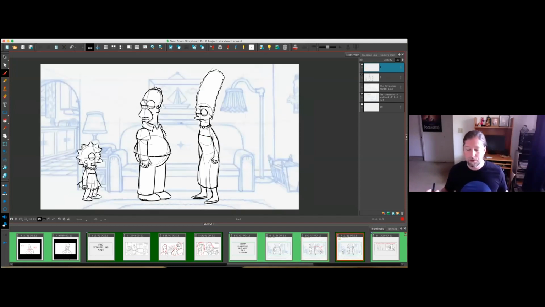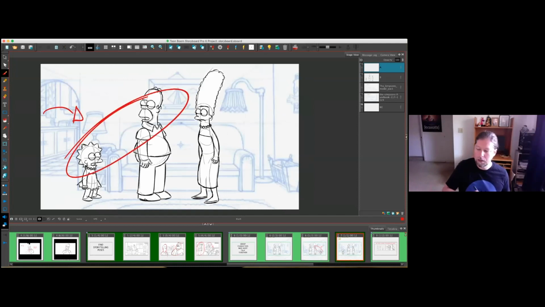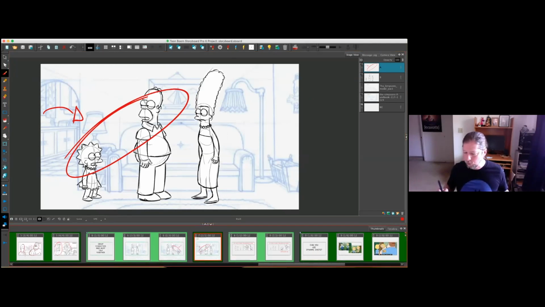If Lisa was going to enter and talk to Homer, then once again you're going to put her on the side where Homer is, so it becomes much clearer that they are talking to each other. This is a basic rule of sitcom staging that is generally the sole purview of the storyboard artist, how to place characters. A lot of what we're doing is staging, blocking the characters out so they can deliver the writing effectively.